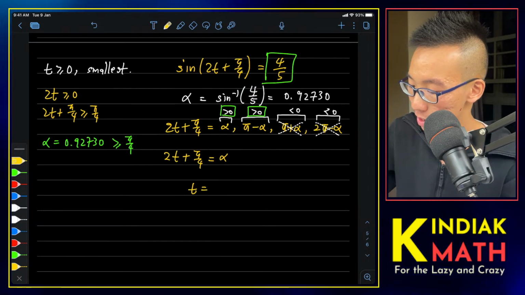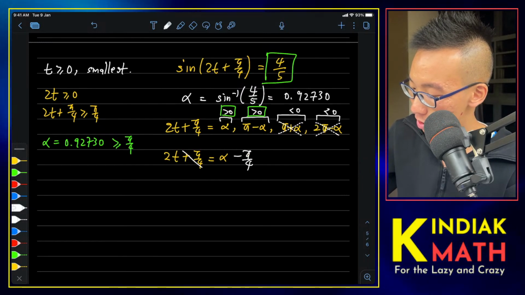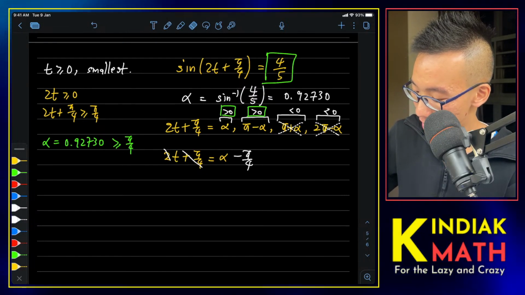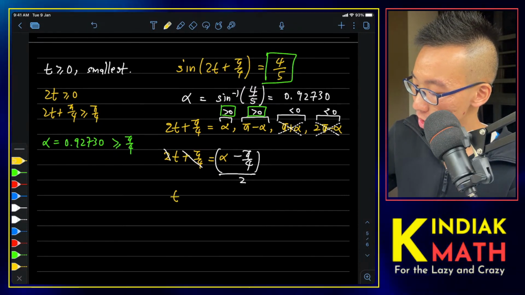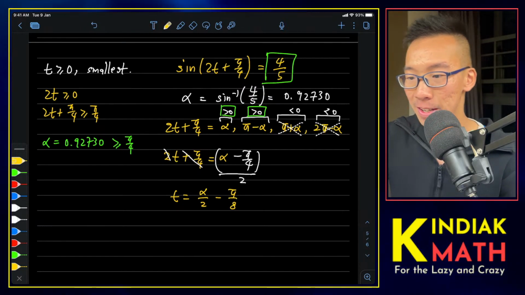So let me do a bit of algebra. Bring the pi over 4 to the other side, divide by 2 on both sides. So t equals alpha over 2 minus pi over 8.